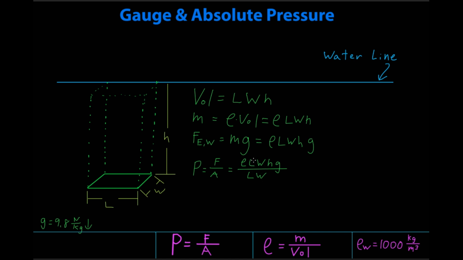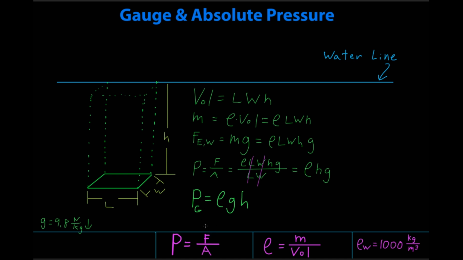And of course, what happens here is these two things cancel. That means the pressure on this area on the bottom of the pool is equal to the density times the height of the water column times g. This equation is typically written as rho g h. This, by the way, is gauge pressure, and I'll explain the difference in a moment.